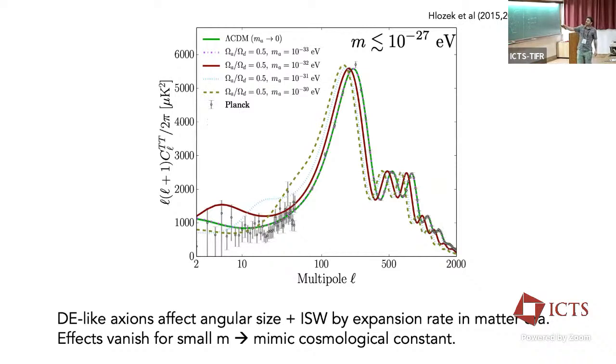If I look at the opposite regime, if I reduce the mass below 10 to the minus 27 eV, then I start changing the Hubble scale at the time when the CMB was formed. If the mass is much smaller than 10 to the minus 27 eV, I start to change the distance to the CMB, I start to change the ISW, and you really can't have very much of the energy density.